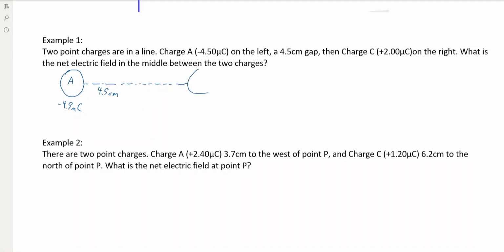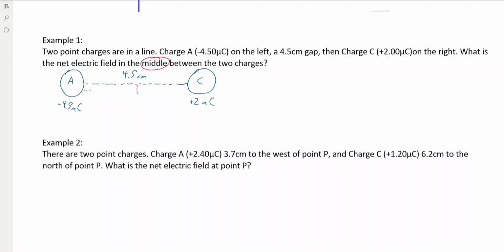And then C is over here, which is positive 2 microcoulombs. So it's asking what is the net electric field in the middle between the two charges. So the middle is going to be here.